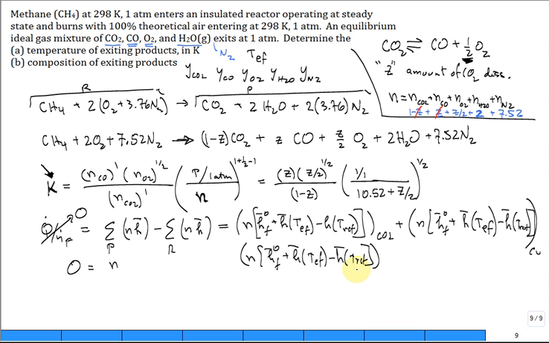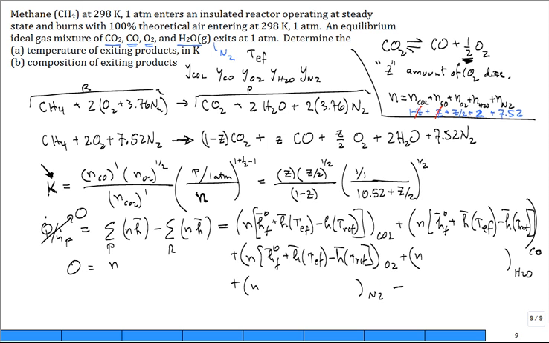What's our next product? It's not CO, it's O2 plus, hey, we didn't even get through the whole list of our products, did we? The same thing for our H2O plus the same thing for our N2.